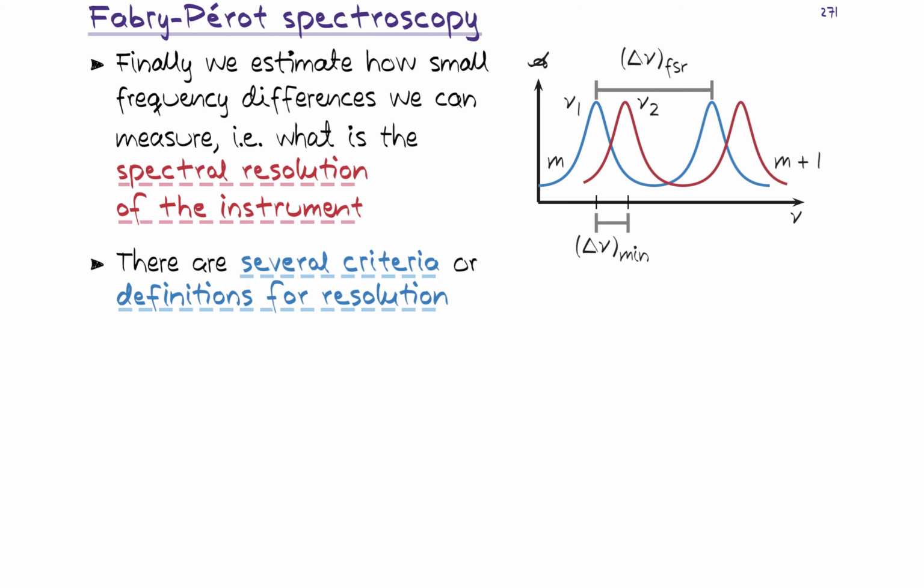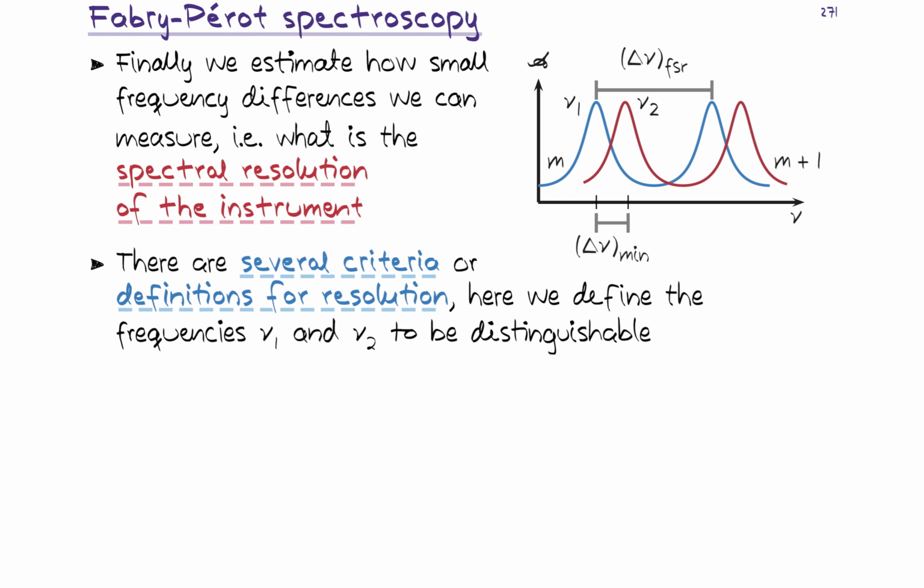And here I will warn you that there are many different criteria out there in the literature to define the spectral resolution, or how accurately we can measure different frequencies. So please always be sure that you know your terminology here.